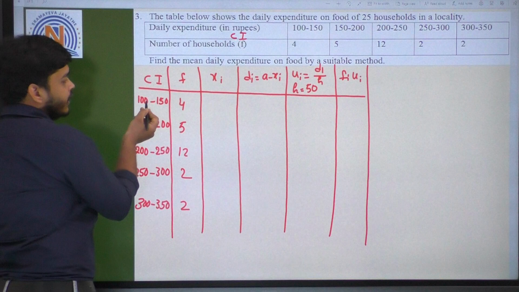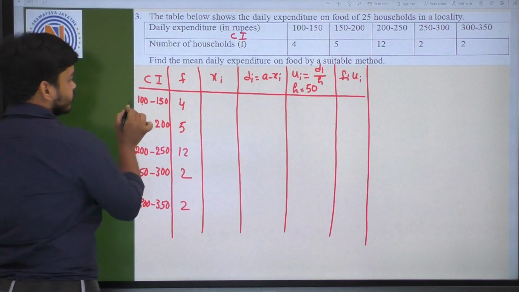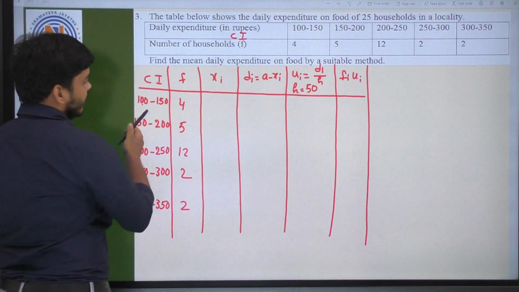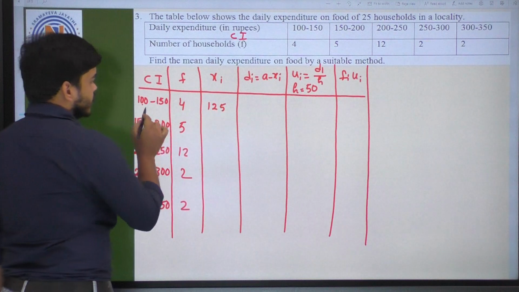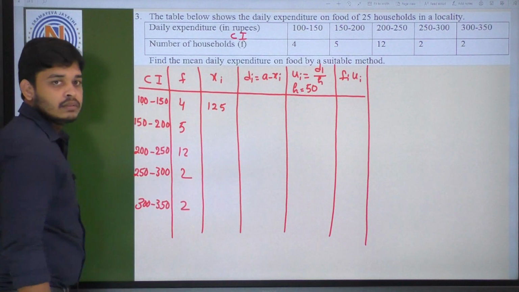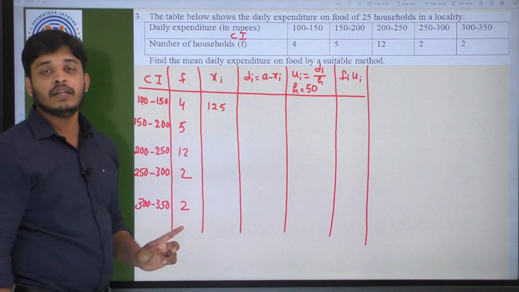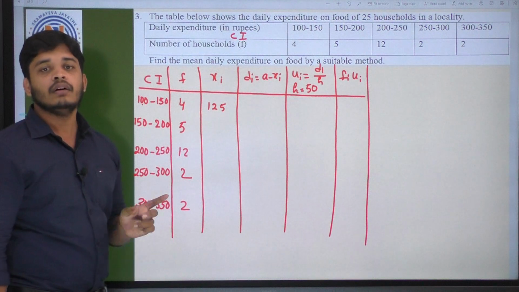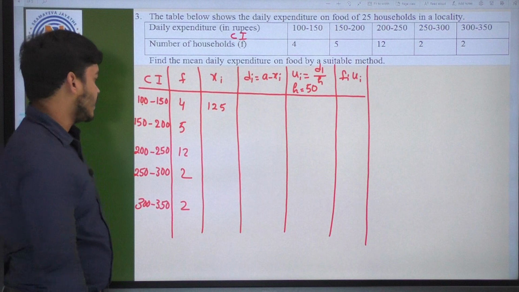Now the mid value means 100 plus 150 by 2. See children, it is lower limit plus upper limit by 2. 100 plus 150 is 250, by 2 is 125.